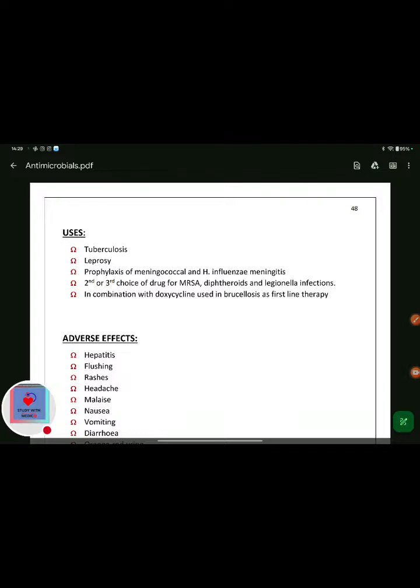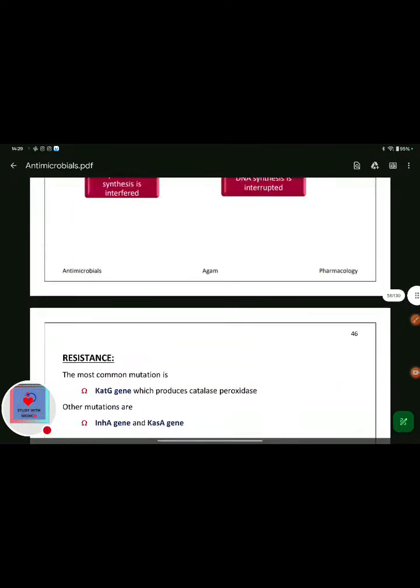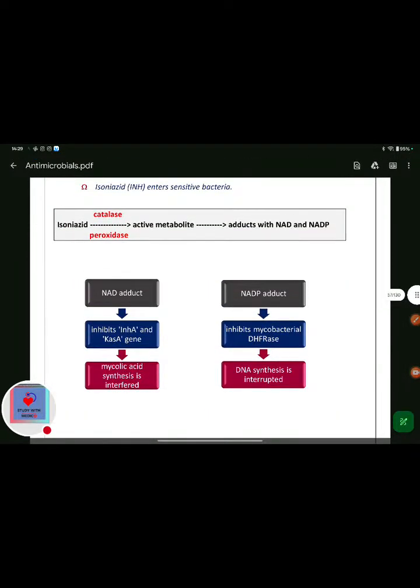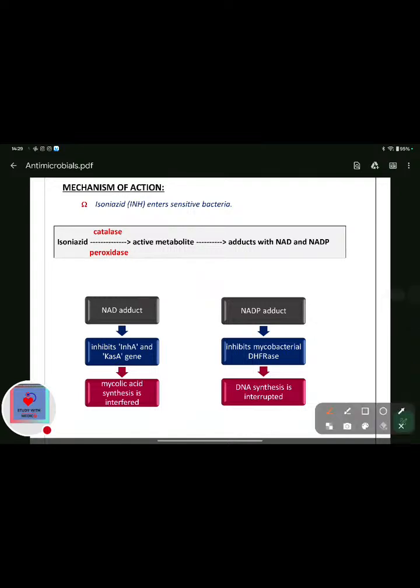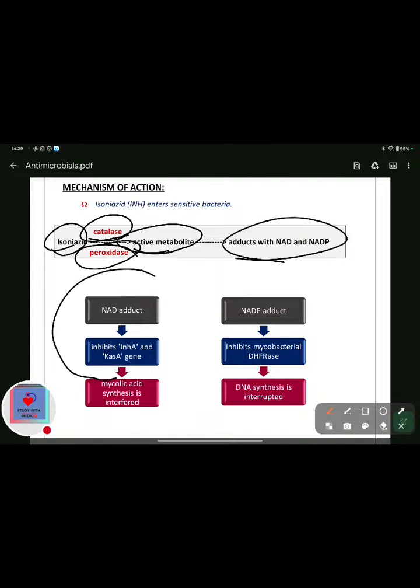So I think rifampicin is clear. If you get a question on isoniazid, asking the mechanism of action, what will you tell? Isoniazid is converted to an active metabolite by catalase peroxidase. Then it forms an adduct with NAD and NADP. The NAD adduct inhibits the INHA and KasA genes, causing mycolic acid synthesis inhibition.